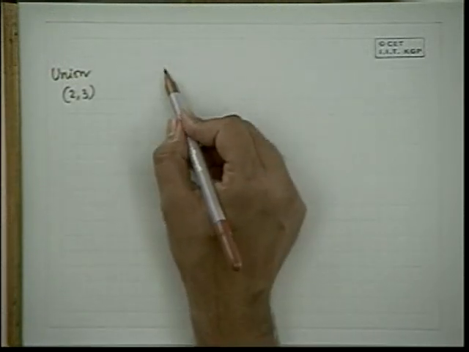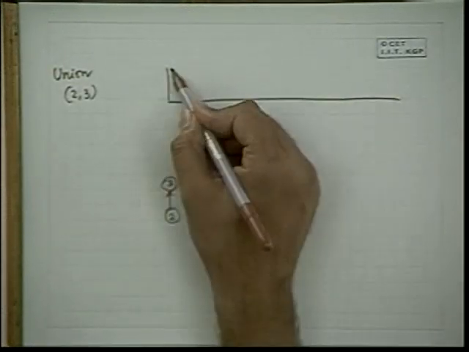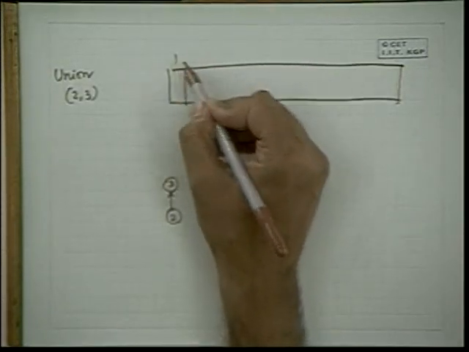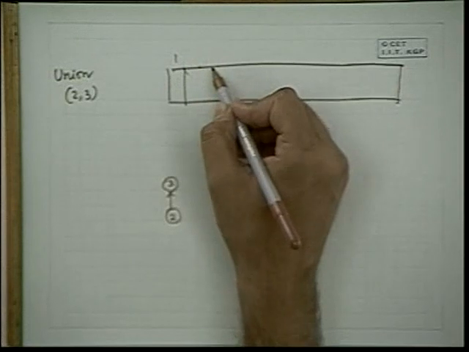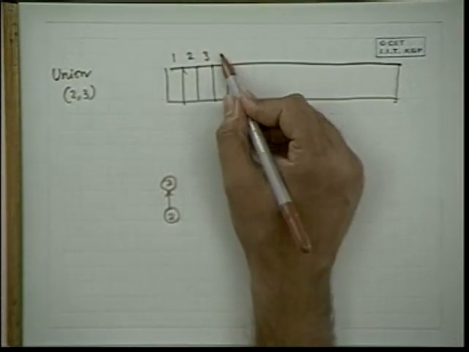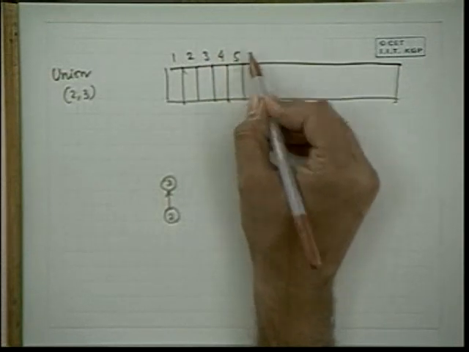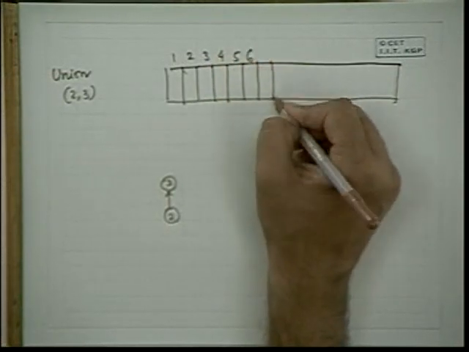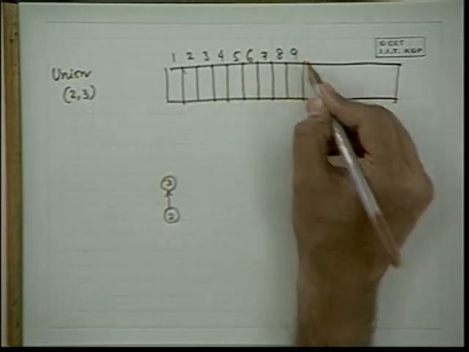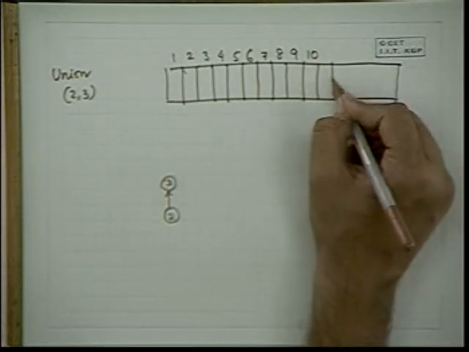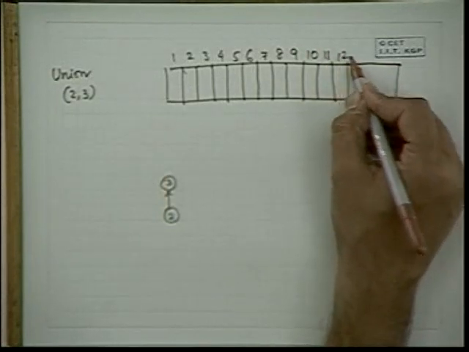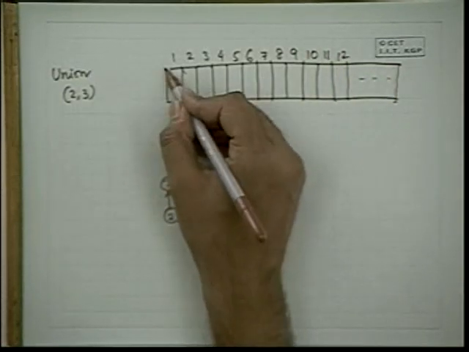Now in the array representation, what will happen is this. Suppose this is 1, 2, 3, 4, 5, 6, 7, 8, 9, 10, 11, 12. Suppose this is the array.